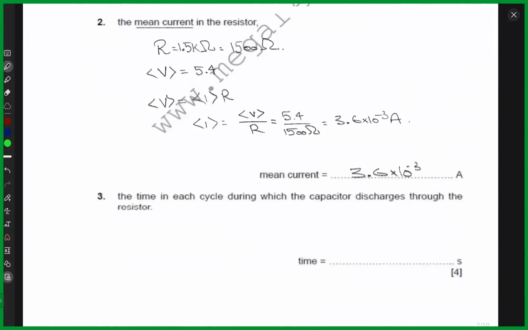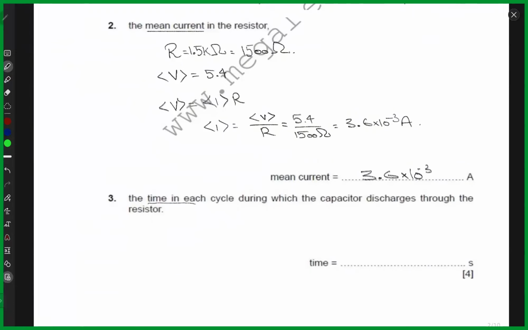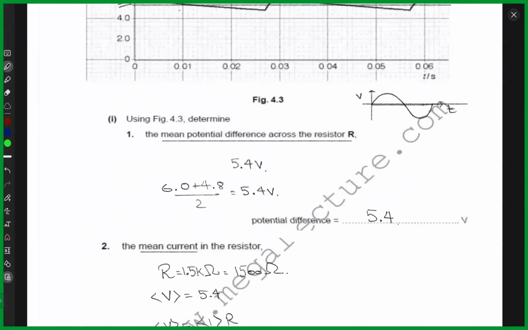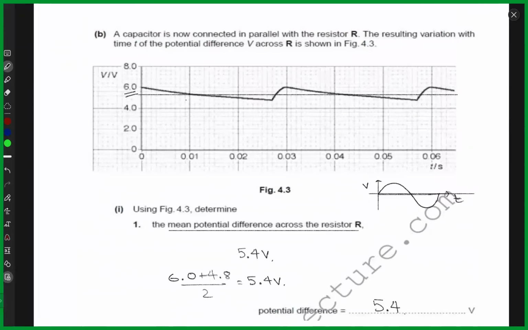Okay. So now the time in each cycle during which the capacitor discharges through the resistor. What would be the time in each cycle when the capacitor is discharging through the resistor that I have connected across it?